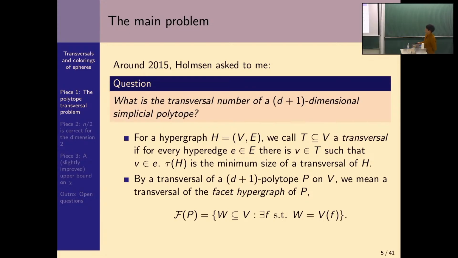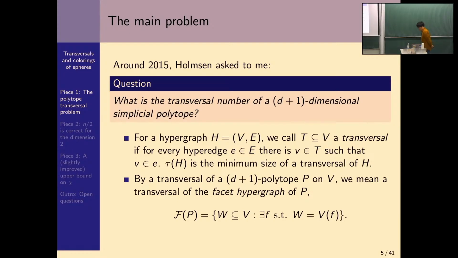For a hypergraph H on the ground vertex set V and the collection of edges E, we call T a transversal if for every hyperedge e in the edge set E there is a vertex v in T such that v pierces the hyperedge e.